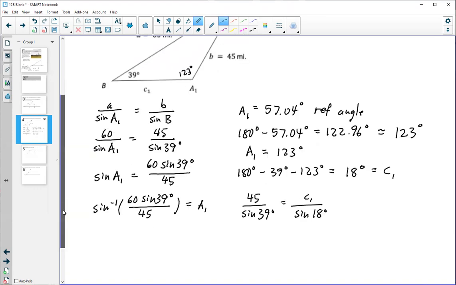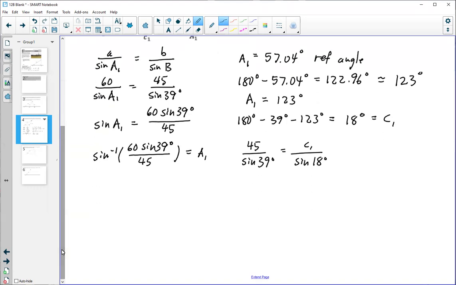If we rearrange this and solve for C1, we get C sub 1 is equal to 45 times the sine of 18 degrees, all over the sine of 39 degrees.